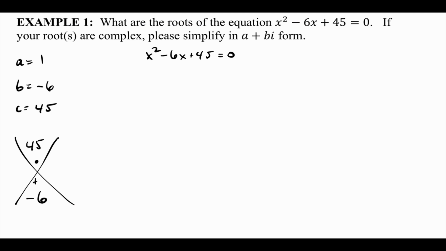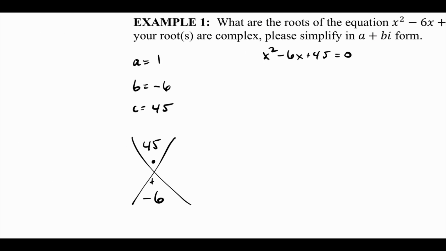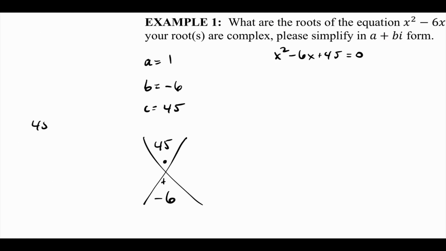B is -6. So I have to find the two numbers that multiply to be 45 and add up to be -6. Let me make a list of all the numbers that multiply to be 45. 9 times 5. 15 times 3. 45 times 1.